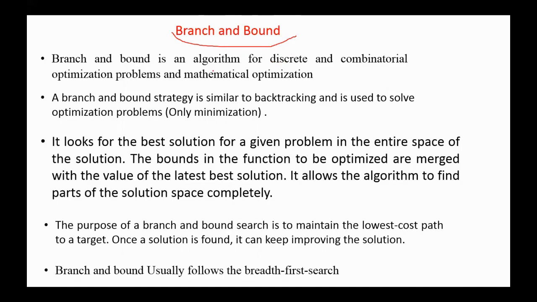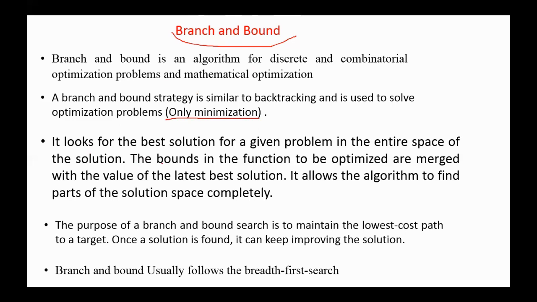Branch and bound is a strategy used in discrete and combinatorial optimization problems and mathematical optimization. A branch and bound strategy is similar to backtracking and is used to solve optimization problems, only minimization. It looks for the best solution for a given problem in the entire space of the solution.